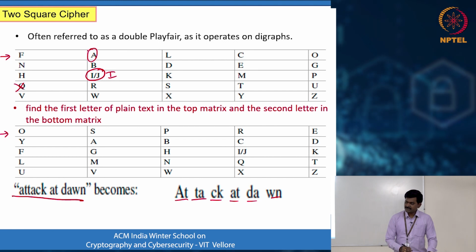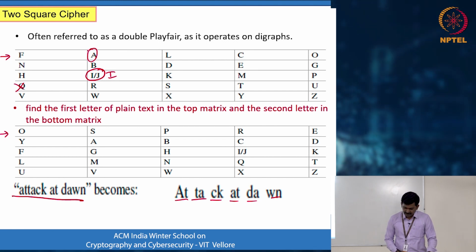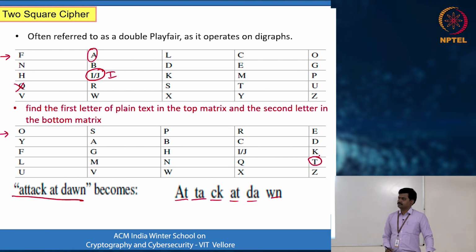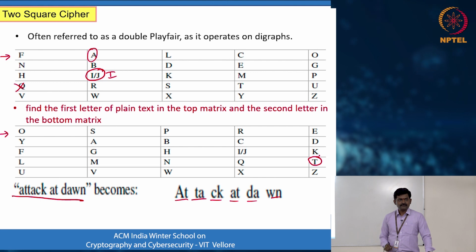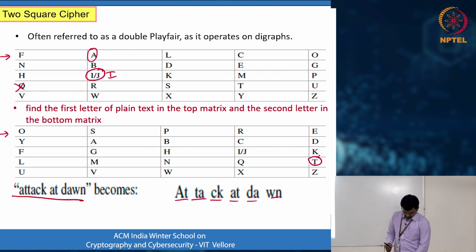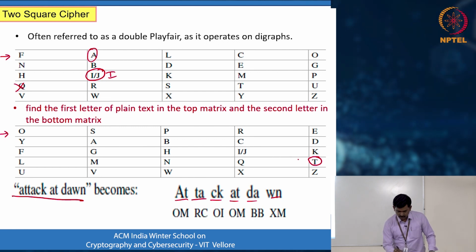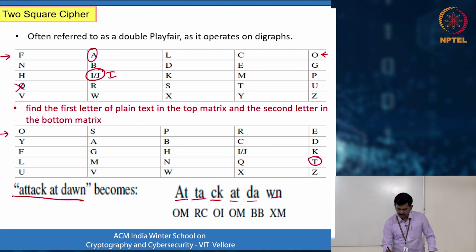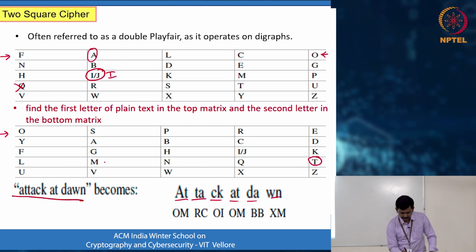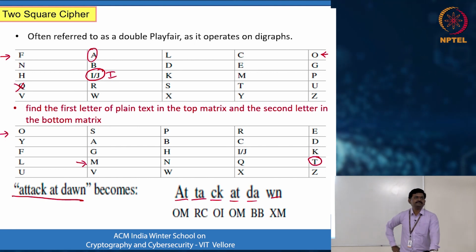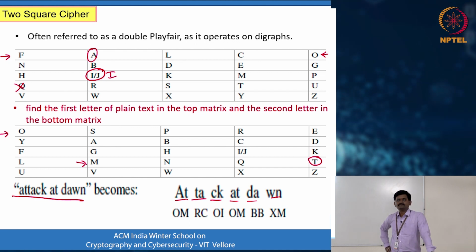Second letter of the plain text in the bottom matrix. Where is it? Now we need to encrypt. For A, what is the alphabet? For T, what is the alphabet? Is that clear?